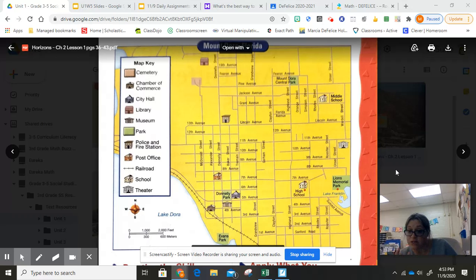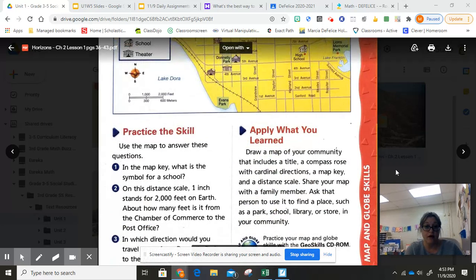So if we compare those lines to our scale, it looks like it's about 2,000 feet or 600 meters between the high school and Lions Memorial Park. Now, again, on the map, that's not 2,000 feet, but they're showing us the distance scale. On our scale, about that far is 2,000 actual feet if you were to walk from the high school to Lions Memorial Park. All right.